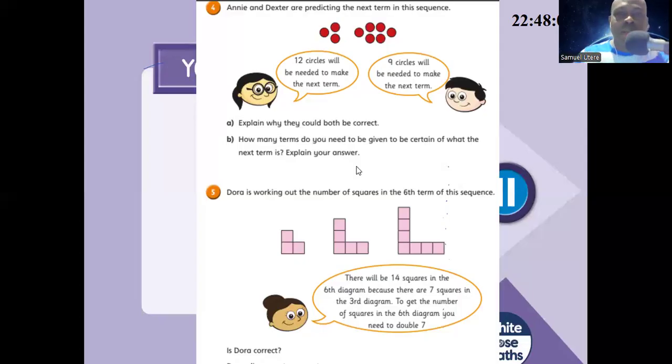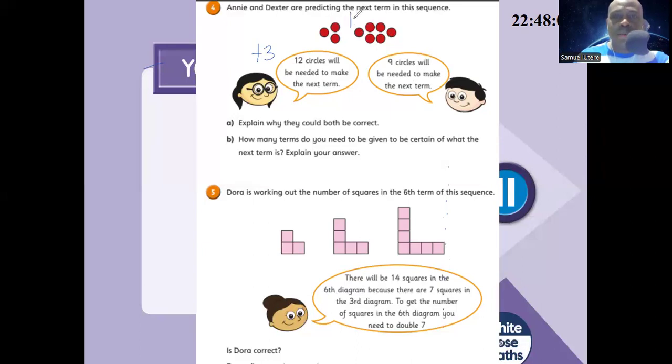Well, you can clearly see that Annie is describing this sequence as adding 3 every time. So if we're adding 3 every time, Dexter would be right because 6 plus 3 would be 9.